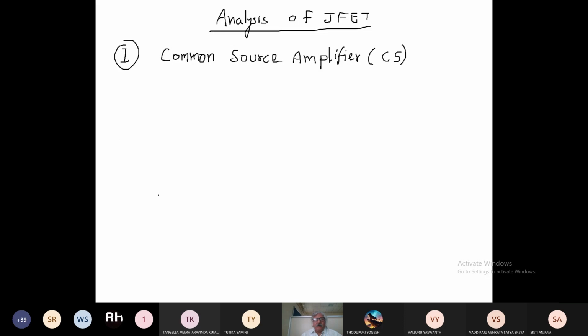So the circuit diagram for this common source amplifier will be like this.